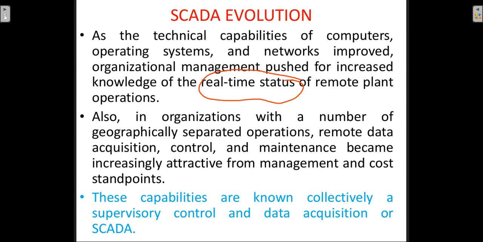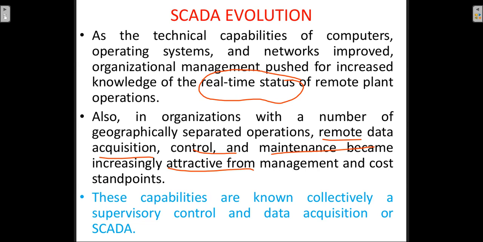For organizations with a number of geographically separated operations, remote data acquisition, which is very important, control and maintenance became increasingly attractive from the management and cost standpoints. Ultimately, you should have ease of control. That's where your management comes into the picture.